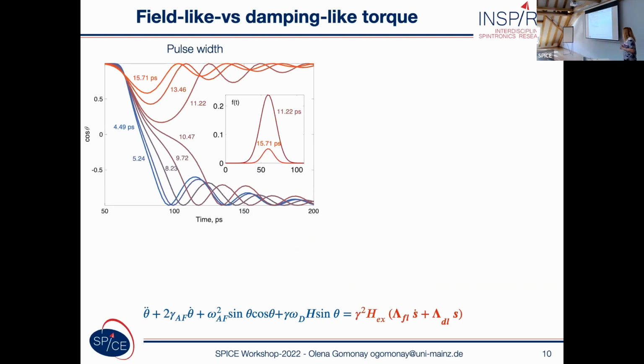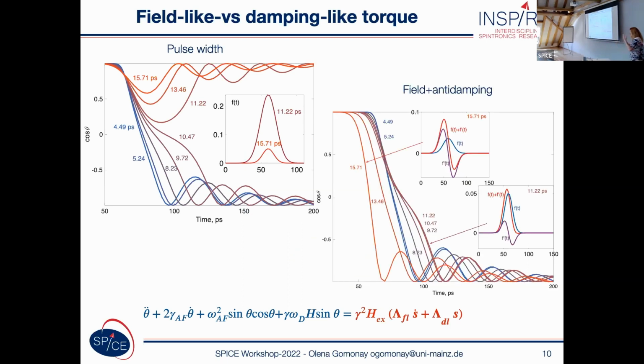However, when we took into account the second effect coming from the time-dependent spin current, we found that this part of the torque can stabilize switching to the final state.